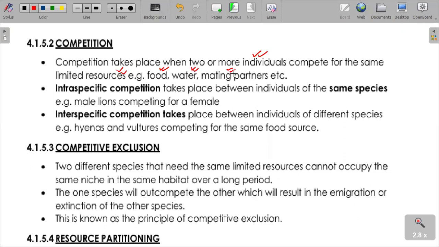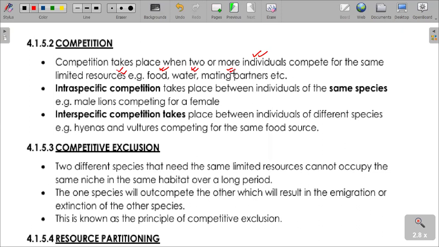You can see these in a natural ecosystem where animals fight for mating partners. And then we also have competition for food. I'm sure that you have seen, for instance, in a natural ecosystem the hyenas scavenging on the food that has been killed by lions.